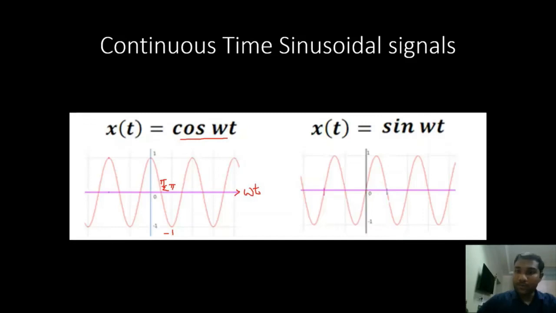For sine, it is 0 at omega t equals 0, 1 at omega t equals pi by 2, again 0 at omega t equals pi, -1 at omega t equals 3 pi by 2, and again 0 at 2 pi. This is sine.